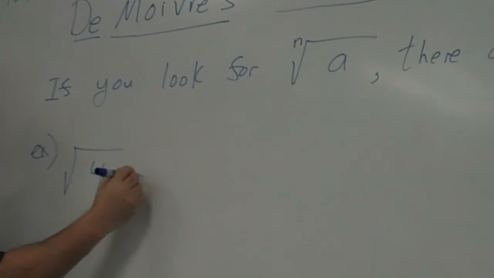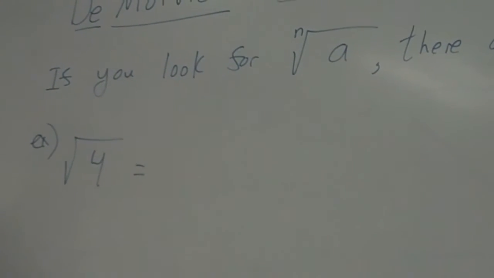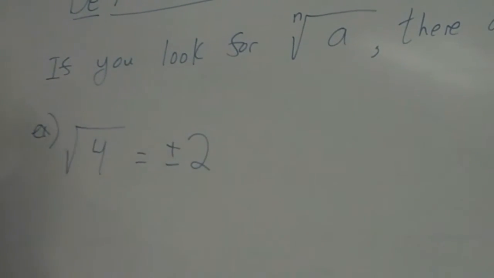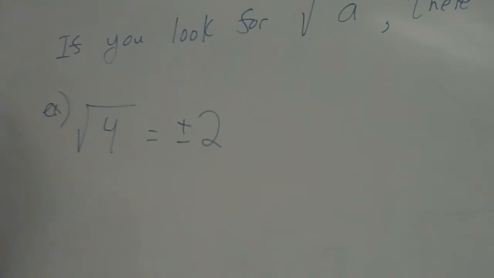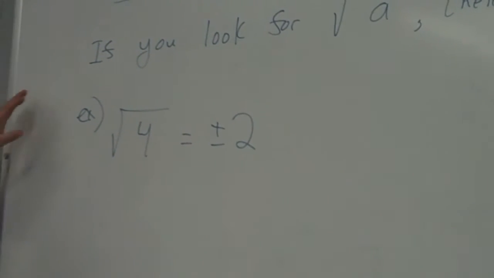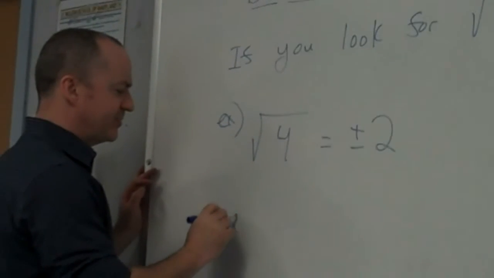Now this is not what you've been taught in general, except for in one case. If you look for a square root, like the square root of 4, how many answers should you anticipate? 2. Now this is consistent with this statement. Plus or minus 2 are both answers, and there's an understood 2 in this radical. But you've been taught something else.